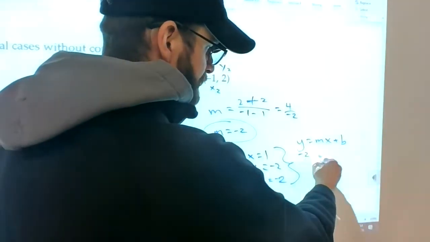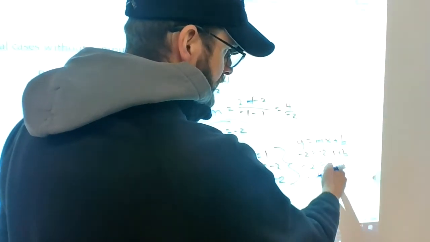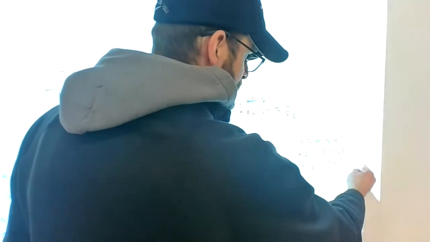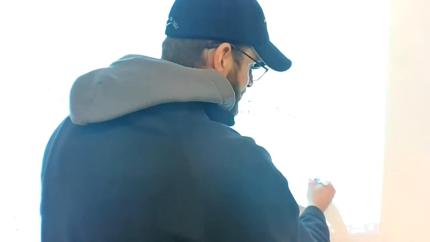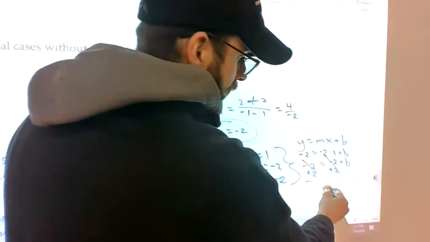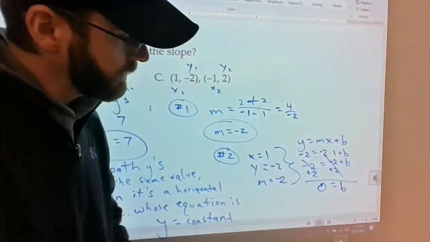So the y is negative 2, the m is negative 2, the x is 1, the b, we're just waiting for it. Negative 2 times 1 is negative 2 plus b. Add 2 to both sides. Okay, that zeroes out the left-hand side. Oh, our starting point is b equals 0.